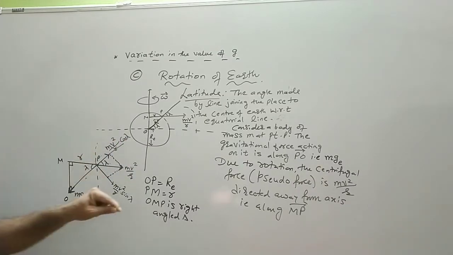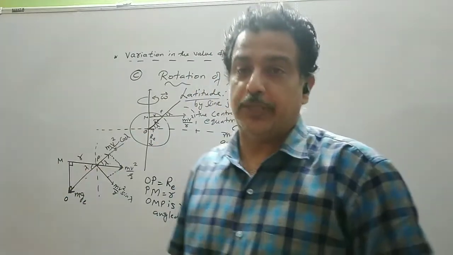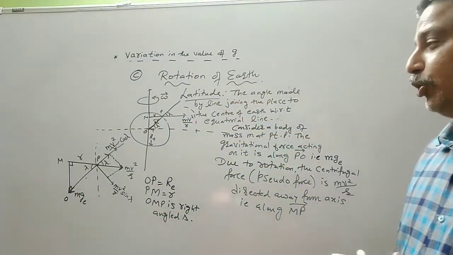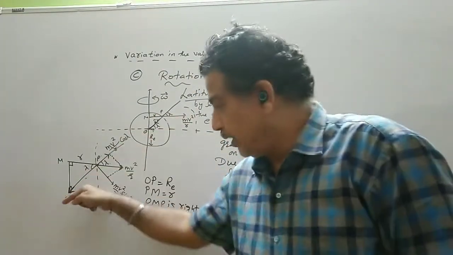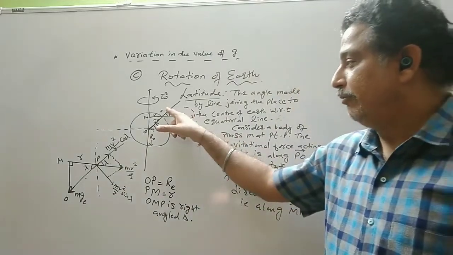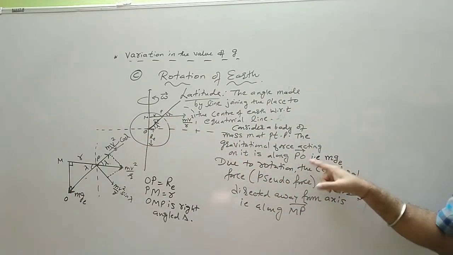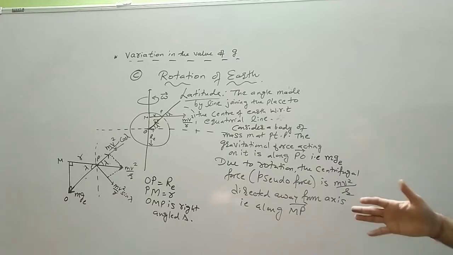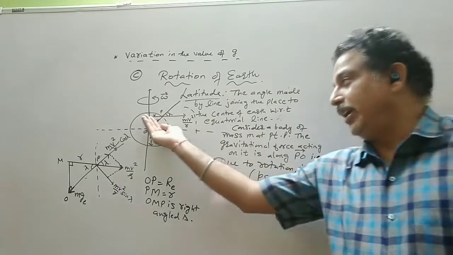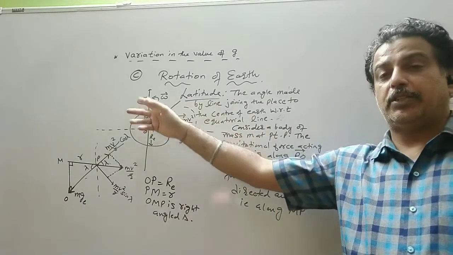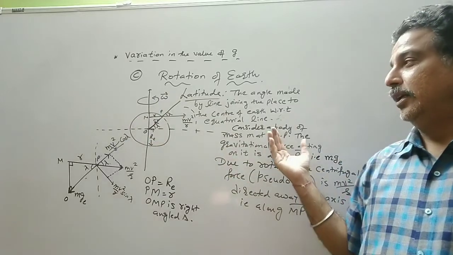So at point P, there are two forces acting. One is the acceleration due to gravity, which is towards the center, that is from P to O. And we have a centrifugal force which is away from the axis of rotation, or directed outward.